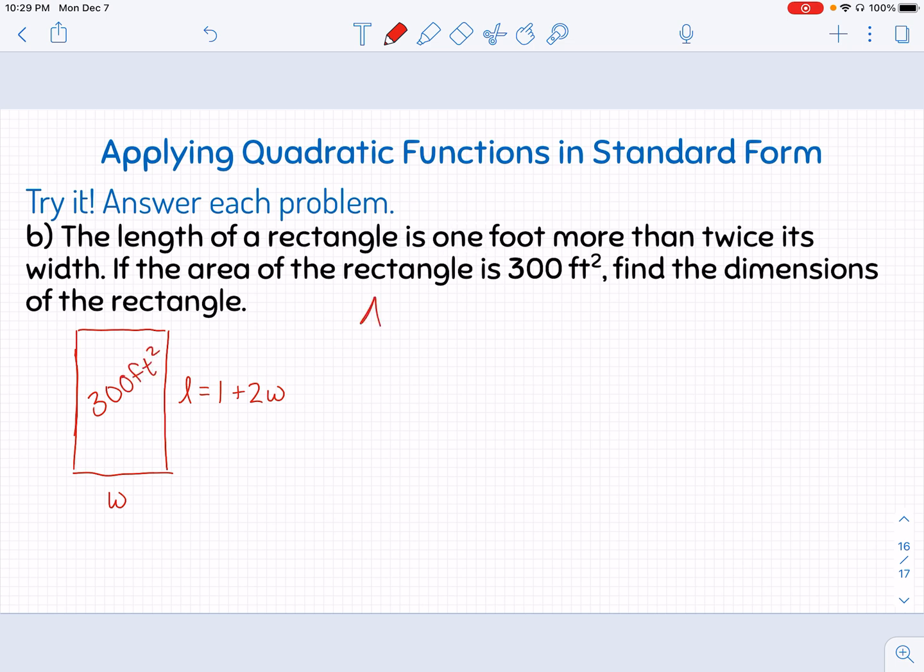And I know that the area of a rectangle is length times width. So I'm going to start plugging in my knowns, just like you would in a science class. Area is 300. Length is 1 more than twice the width. Now take a second. Go ahead and simplify and see if you can find these dimensions.